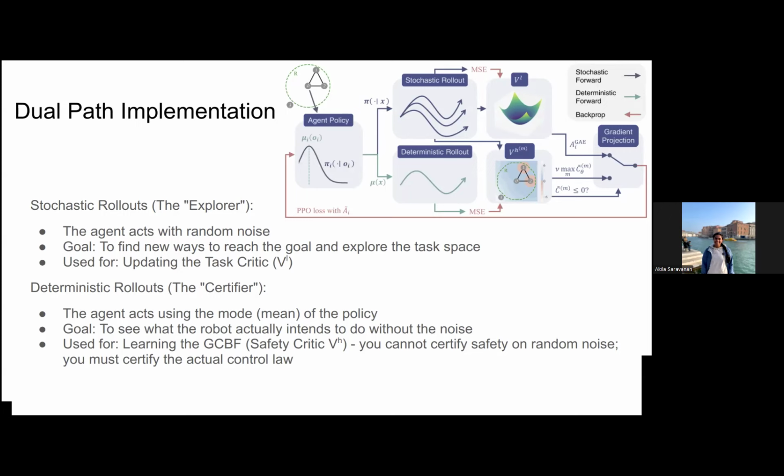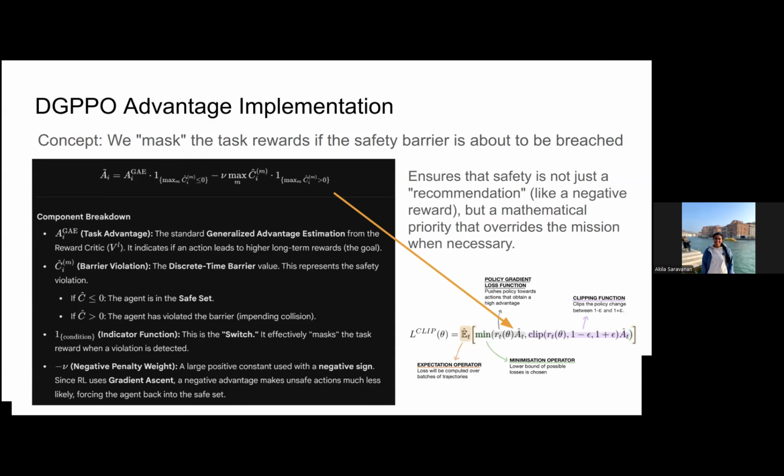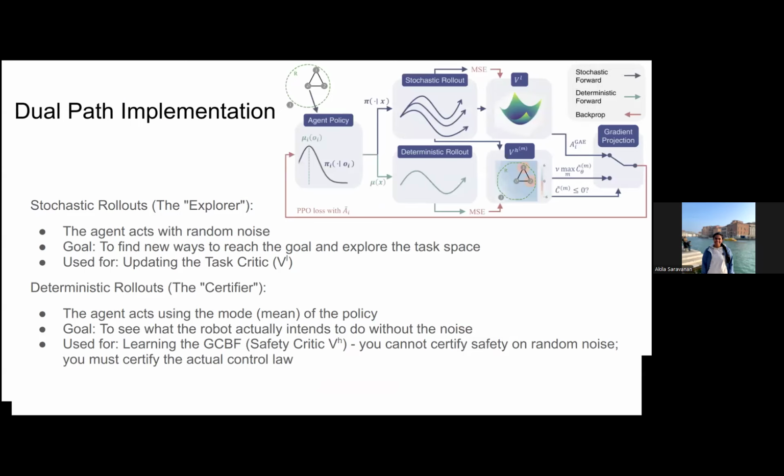From here we get our advantage, which is calculated up here with our stochastic rollout, and then the gradient projection is essentially what we are representing in that advantage function. So that function plots itself in here. It takes inputs from these two branches, and then it outputs the PPO loss as we saw here. And then that gets used to update the policy.